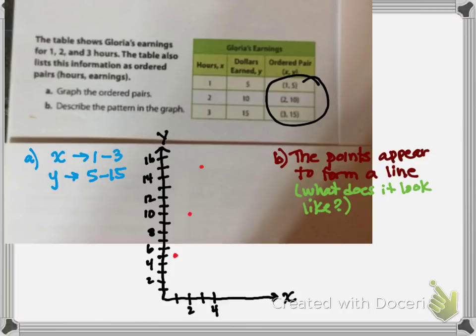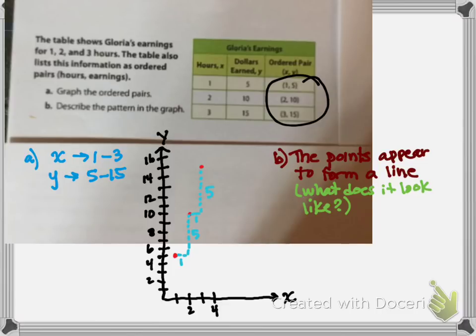Okay, I'm going to take that off. And then we're going to describe how you get from one point to the next. So what we're looking at is this kind of motion. I went 1 right. I went from 5, I went 1, 2, 3, 4, 5 up. So I went 1 to 5.